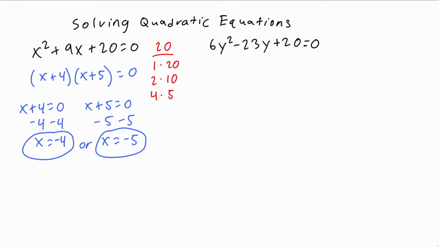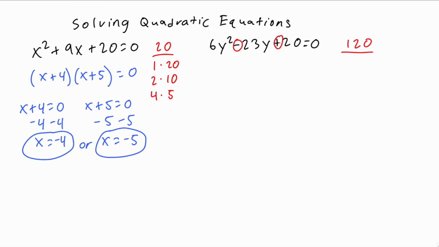So 6 times 20 is 120. And I'm not going to write all the factor pairs here, the two numbers that multiply to 120. There's a lot of them. But let's just figure out which ones will add to negative 23. So it's negative, so we know it's going to be two negatives because we had a plus here and a minus here.